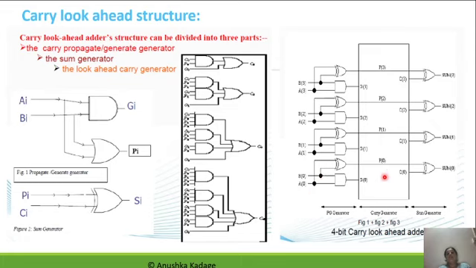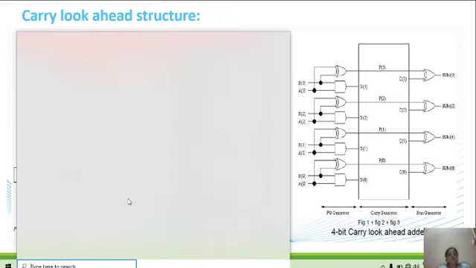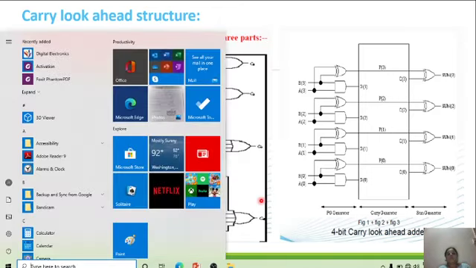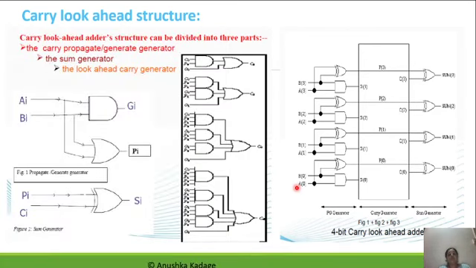First G0 and P0 will be obtained. C0 is the input to this XOR gate and the sum will be obtained as Pi XOR Ci. So here XORing of P0 and C0 will be done.